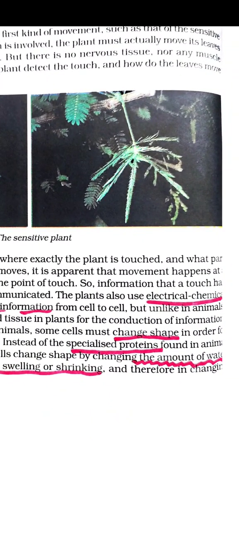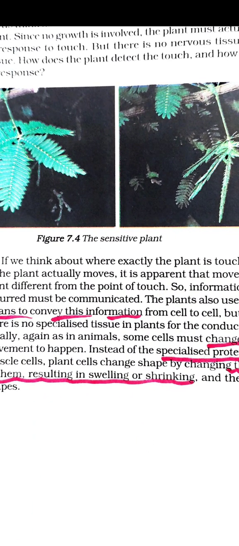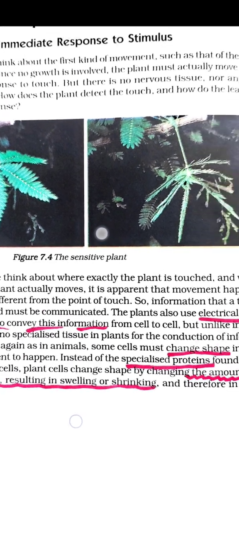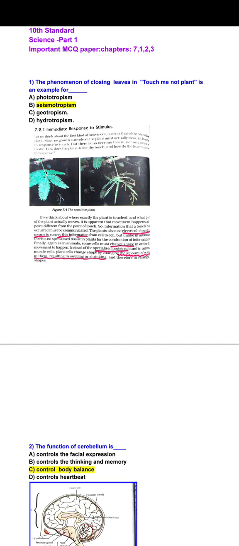The closing of leaves depends upon the amount of water present in the leaves. The more the amount of the water in the leaves, the more will be turgidity inside the cells. And the cells become swollen and then it helps to open the leaves.